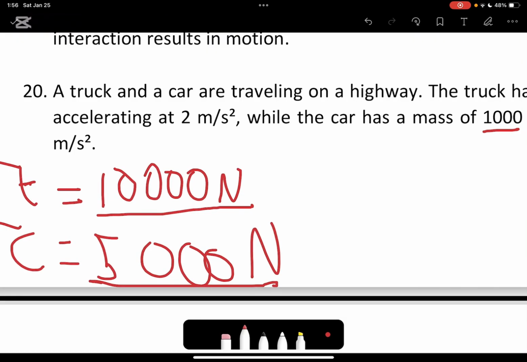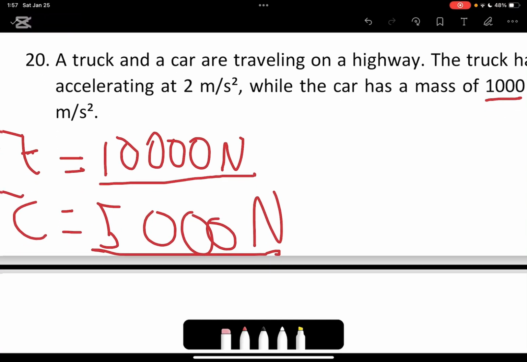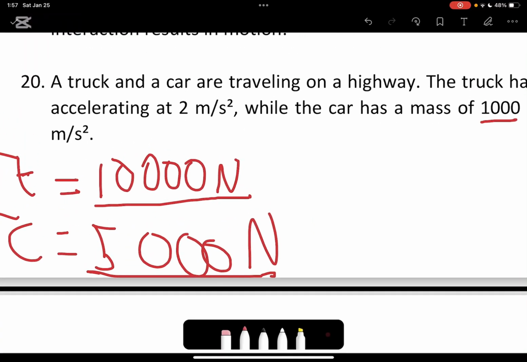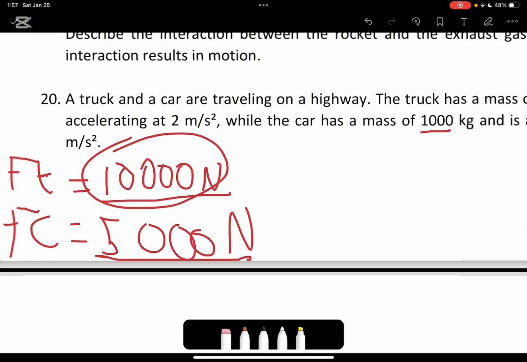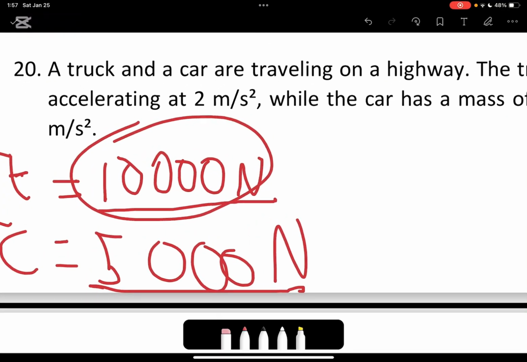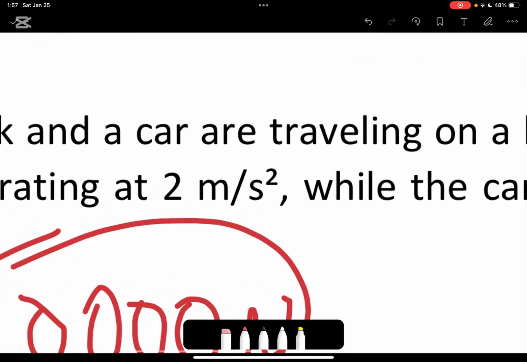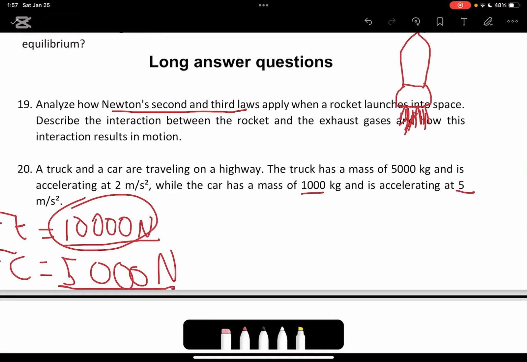Newton's second law states that force depends on both the mass and the acceleration. The truck has a much larger mass, 5,000 kilograms compared to 1,000, which increases the required force even though the acceleration is smaller, because the truck has 2 meters per second squared of acceleration and the car has 5.